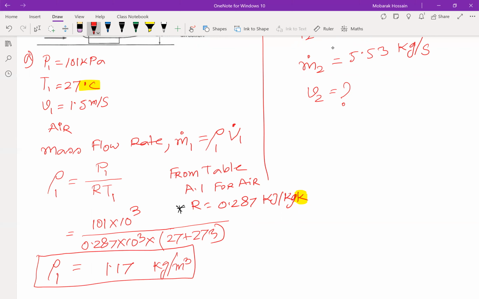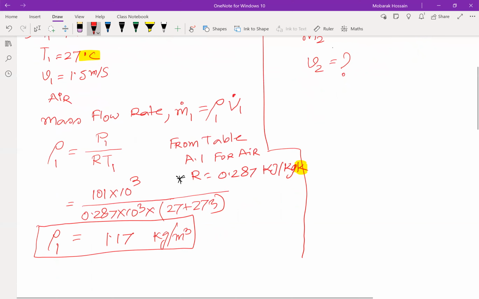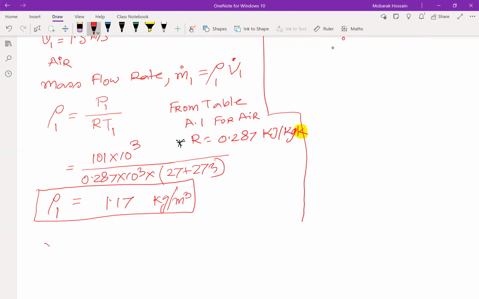Now, the volume flow rate is still unknown. We need to find the volume flow rate, then we can calculate the mass flow rate. The volume flow rate is the velocity times the area through which air flows.